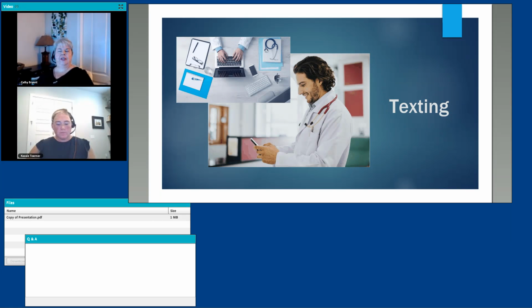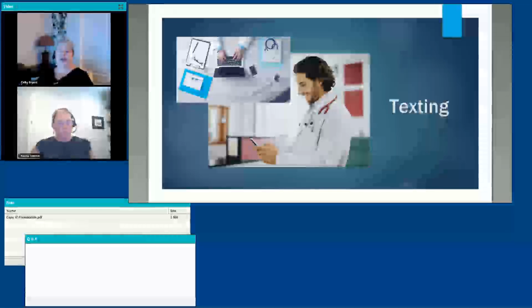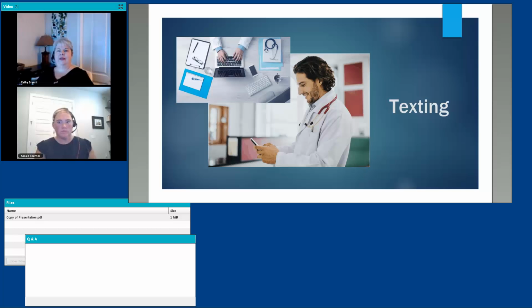So let's switch gears and talk about texting. I think probably most everyone on the webinar today would agree that texting is just sort of a way of life. We pick up our cell phone and we text message a quick message to family or colleagues, almost much easier than we pick up the phone and make a phone call or send an email.